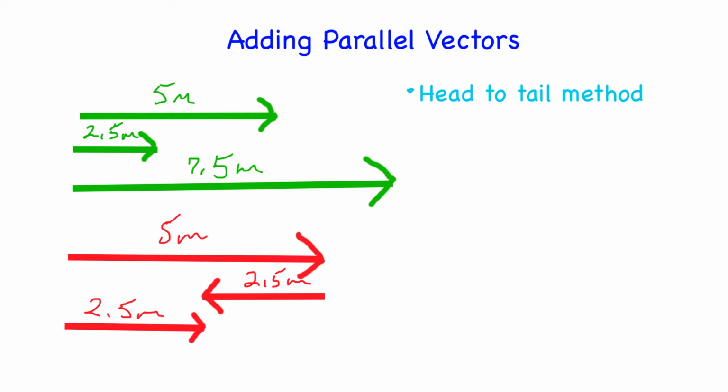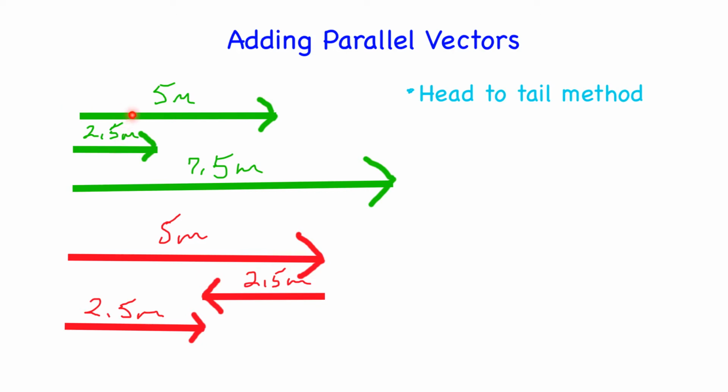So with that being said, we have this 5-meter vector traveling in the positive direction, and we have this 2.5 meter vector traveling in the positive direction. So if we use the head-to-tail method, this is the head of the vector and this is the tail of the vector.